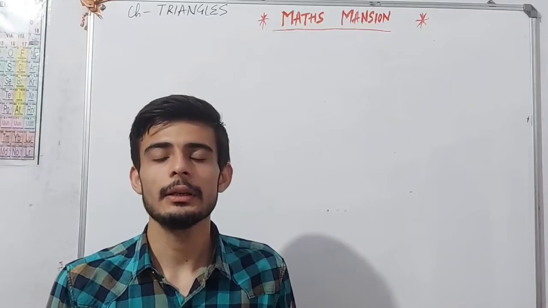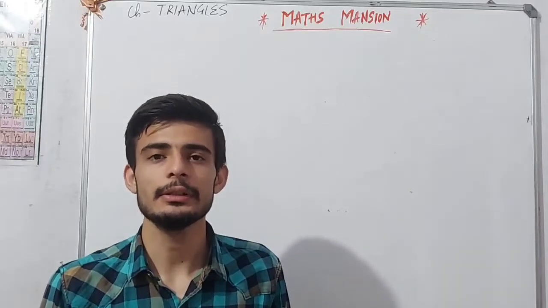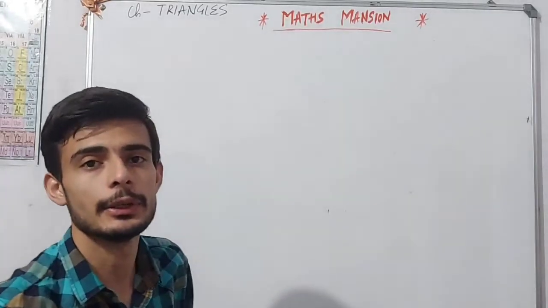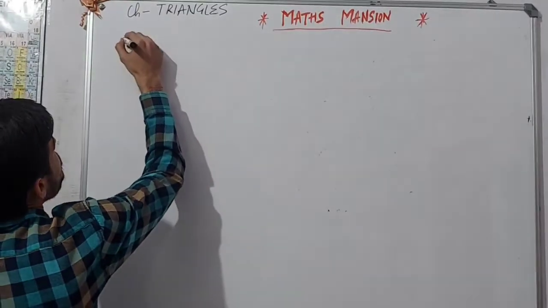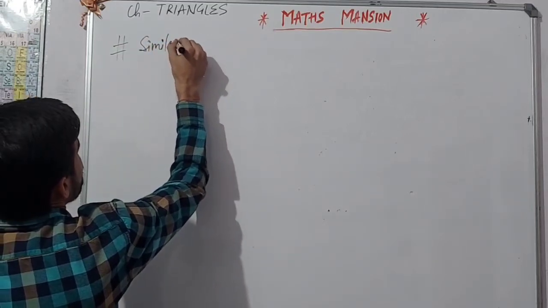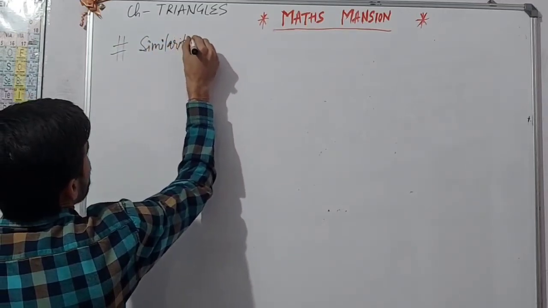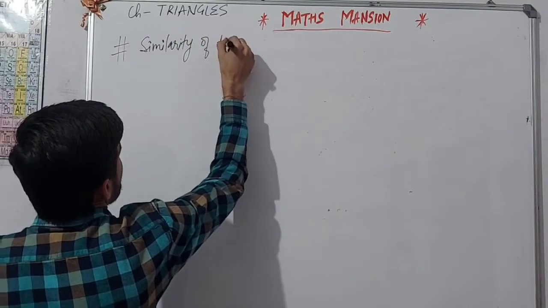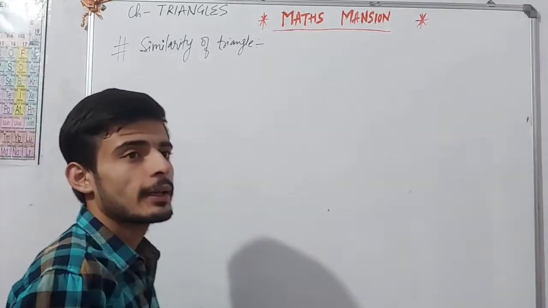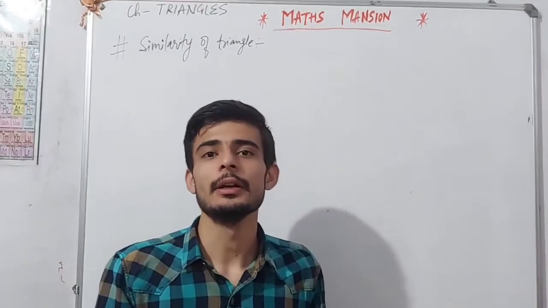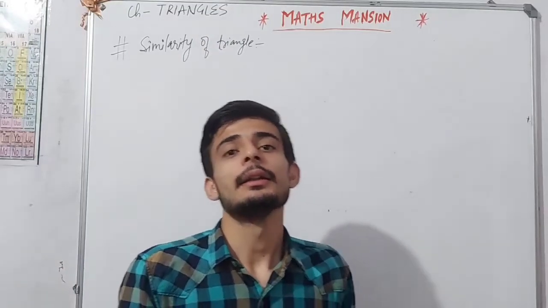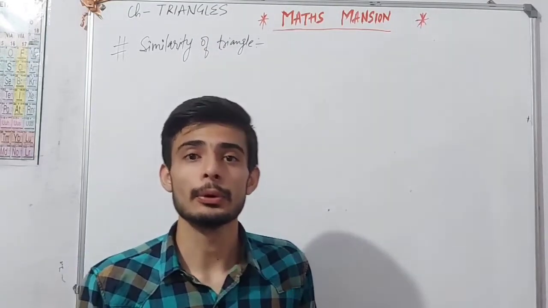Now the other term we will come across in this chapter is similarity of triangles. So let's evaluate it. Two triangles are said to be similar if their corresponding angles are equal and their corresponding sides are proportional.